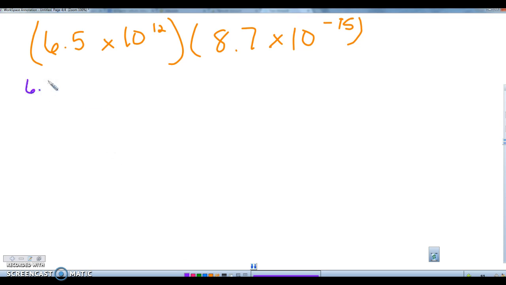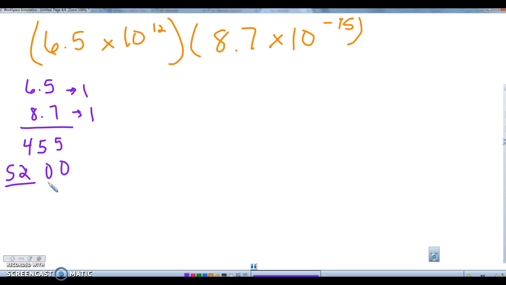So if I multiply 6.5 and 8.7, I move the decimal out one place for each of those. And when I multiply the 7 through, I should come up with this. Then I multiply the 8 through, adding my zeros in where necessary. Get that.